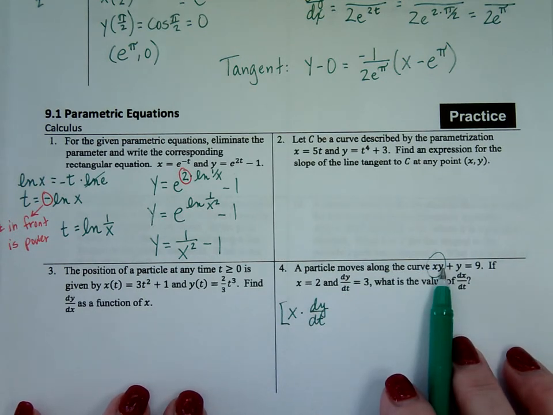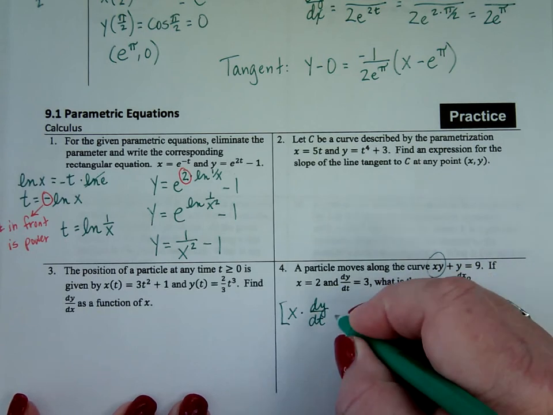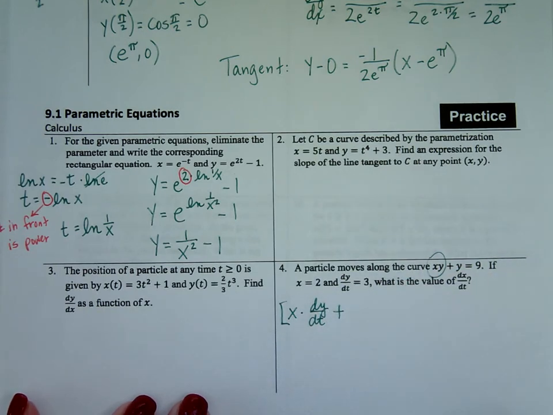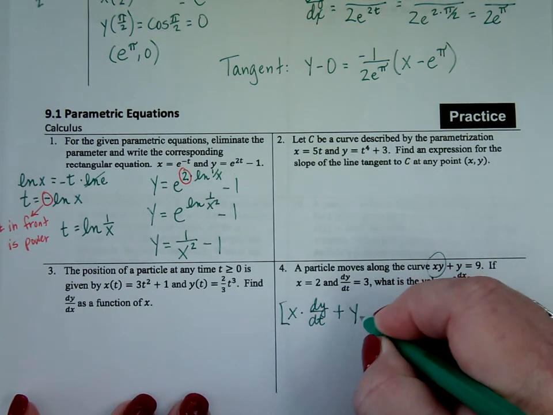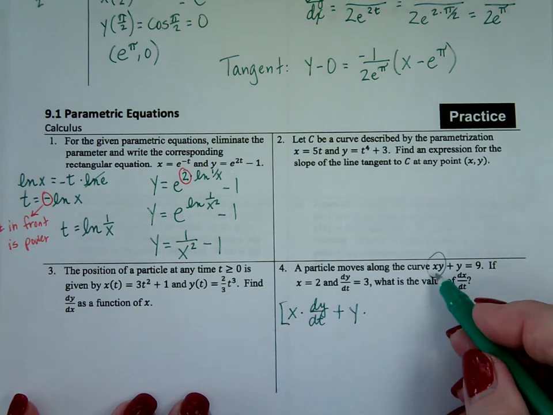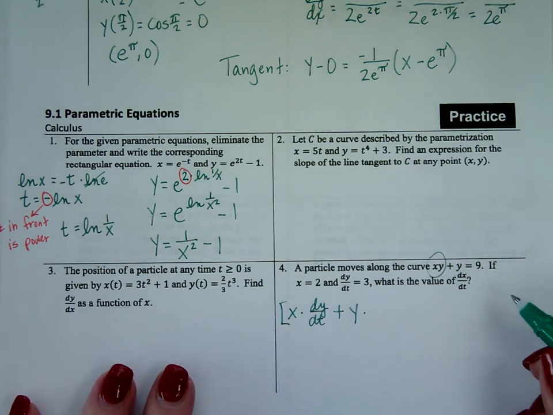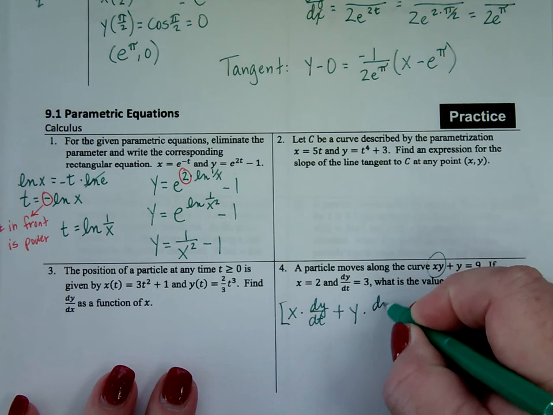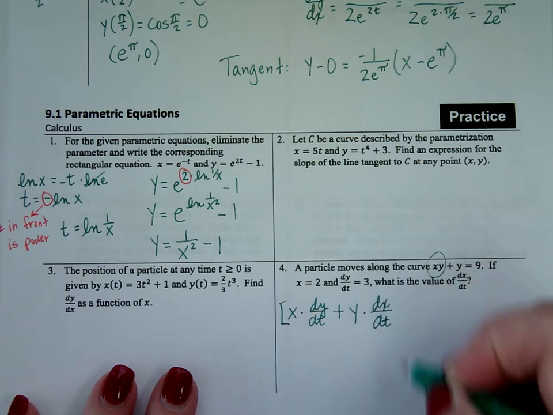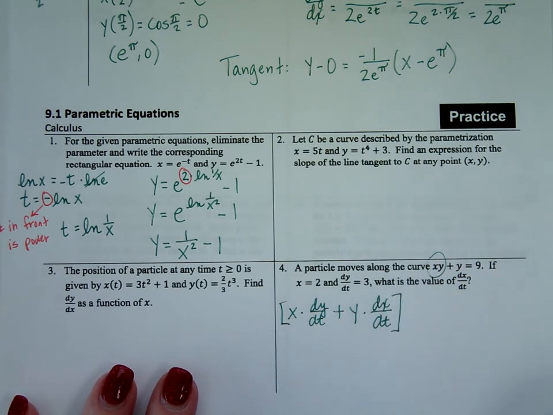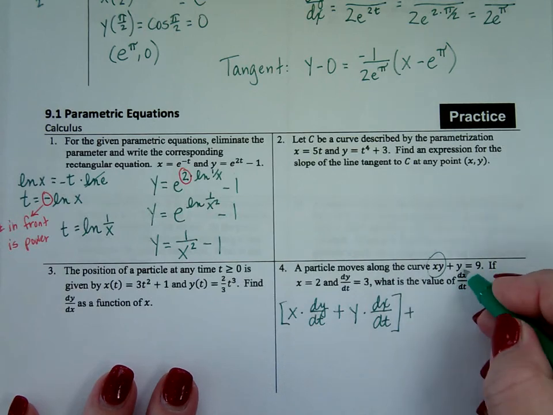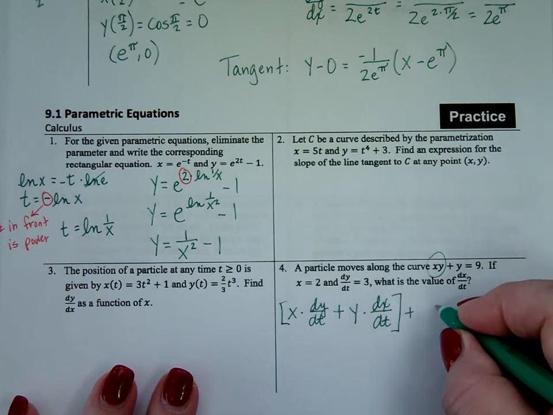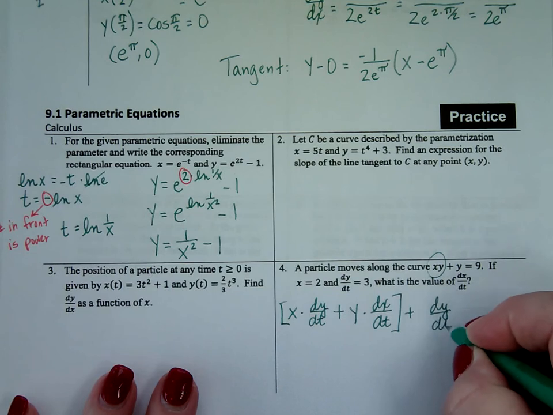And then product rule says plus the second times the derivative of the first. The derivative of the first is the derivative of an x. Normally we don't say so, but with parametrics you want to say so, dx over dt. And then plus the derivative of y, which is 1, but it's the derivative of y. And then the derivative of 9 is 0.